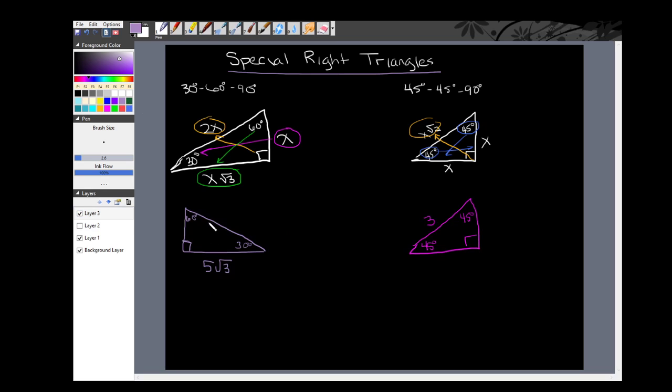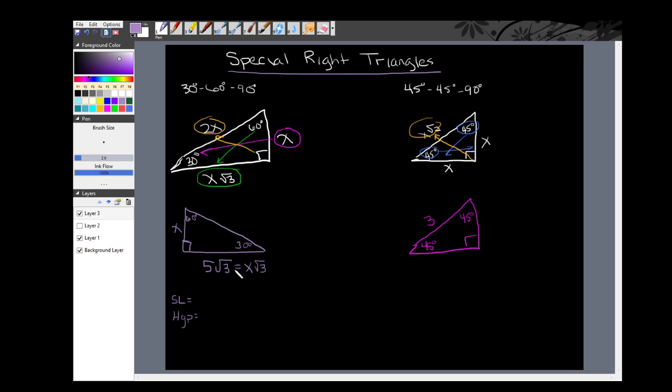All right, so another example. On this purple example, I know the distance across from the 60, so I know my long leg. That is across from my 60, equal to x root 3. We still need to find my short leg, which is SL, and we still need to find our hypotenuse. Our short leg across from the 30 is whatever x is.